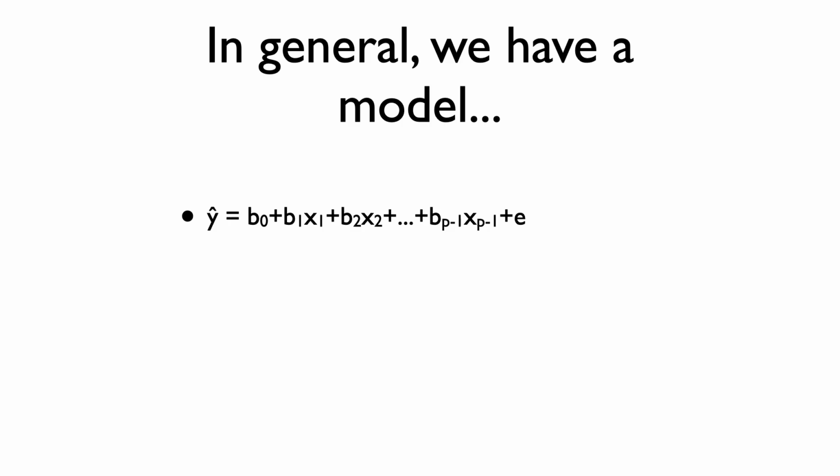We end up with an equation at the end that says, your income equals this, plus this times your IQ, plus this times your parents' socioeconomic status, like their income, plus error, the stuff we don't know. So we have p minus 1 predictor variables, and again, the way to remember that is we have p in total predictors, but one of them isn't a variable. One of them is just the intercept.